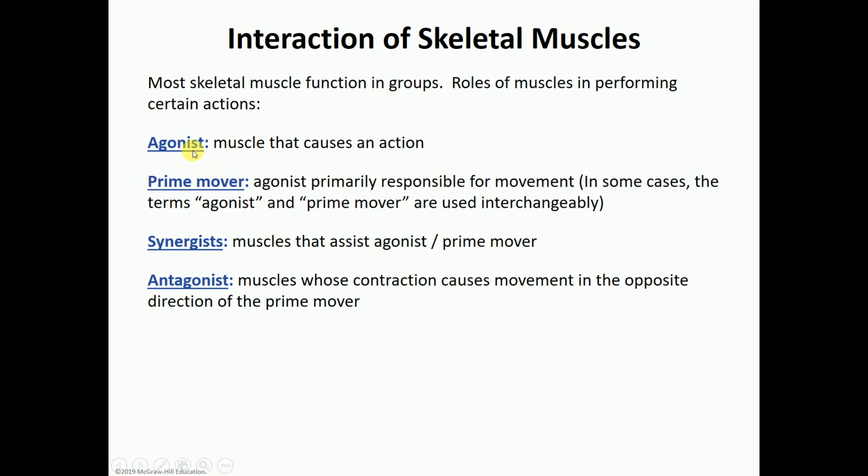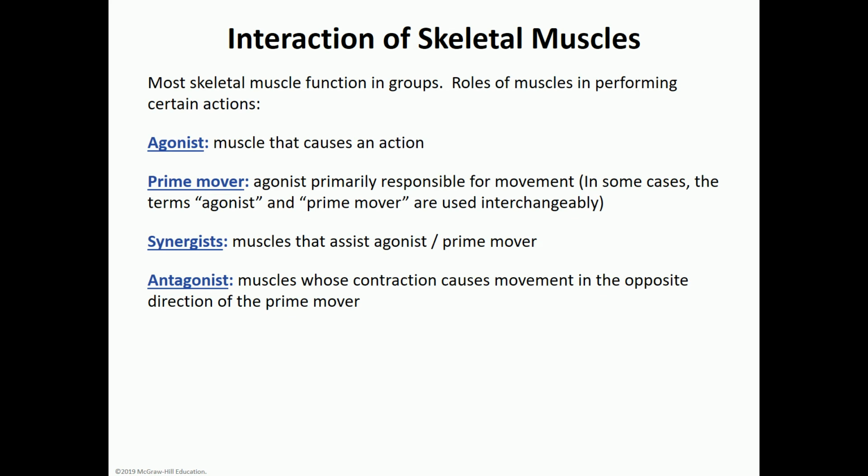mover. The prime mover would be the main performer, which in the case of elbow flexion would be the biceps. Okay, so the prime mover, again, is the main muscle that would perform the movement, while the agonist would be a muscle that would help the prime mover. Sometimes we use them interchangeably.